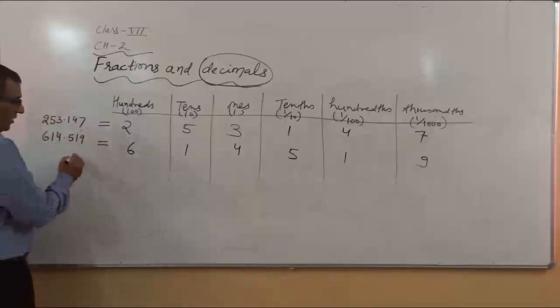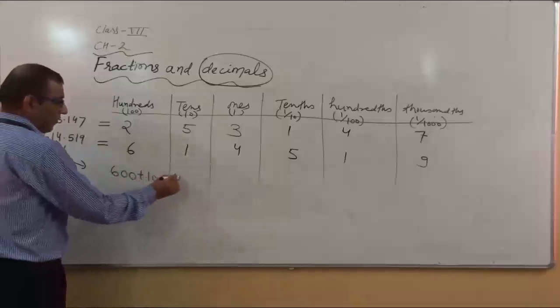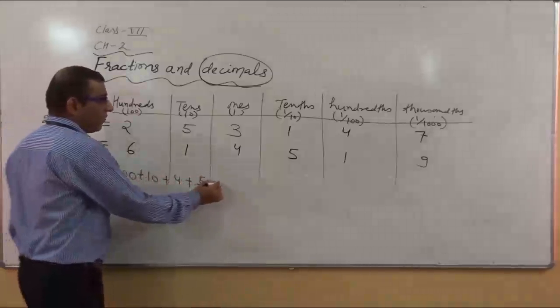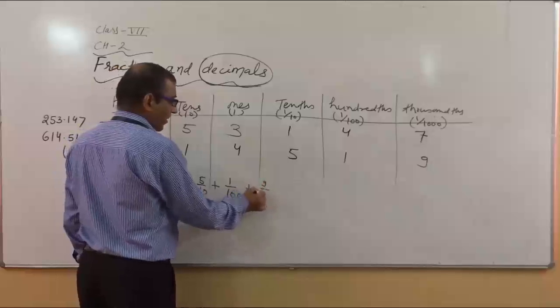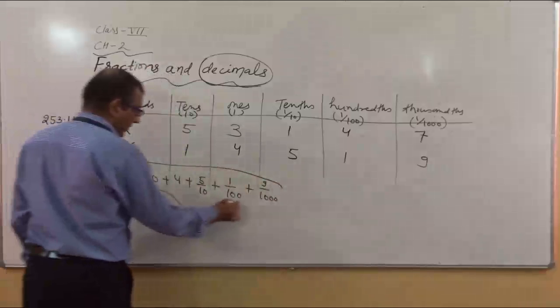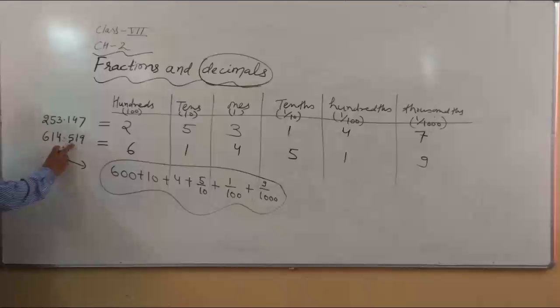Or if you expand it, 600 plus 10 plus 4 plus 5 upon 10 plus 1 upon 100 plus 9 upon 1000, and when you solve it, it is equal to 614.519. So this is the conversion of decimal numbers.